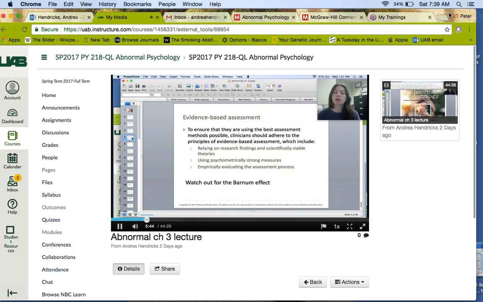We want to make sure we're not doing that. We want psychometrically sound, evidence-based assessments, not just vague statements to make ourselves look like we know what we're talking about. Do know the word Barnum Effect for your exam.